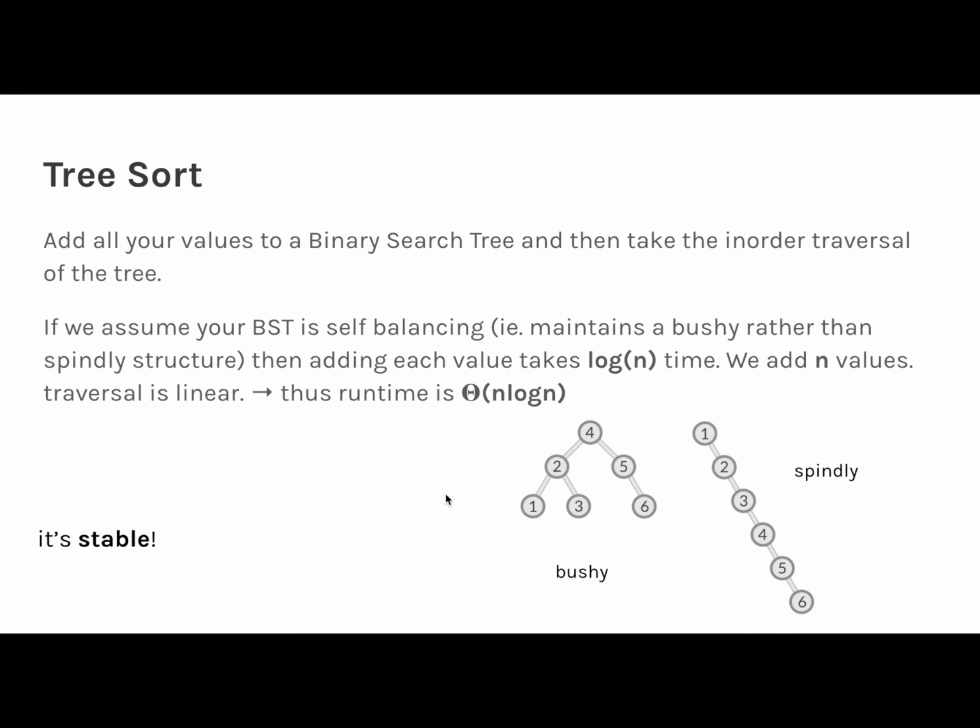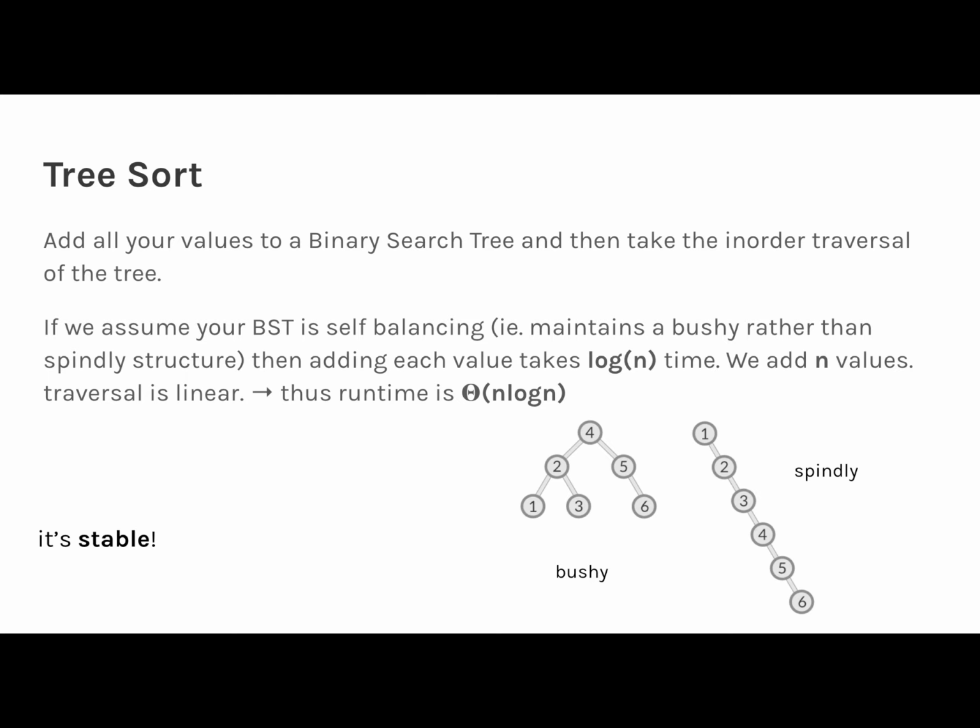Okay, so tree sort is basically just adding all your values to a binary search tree and then taking the in-order traversal. Super simple, super nice. Love this sort. The one caveat is we want to assume that your binary search tree is self-balancing, which means it maintains a bushy rather than spindly structure.